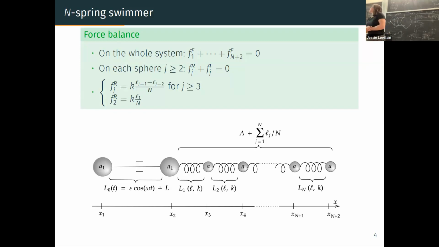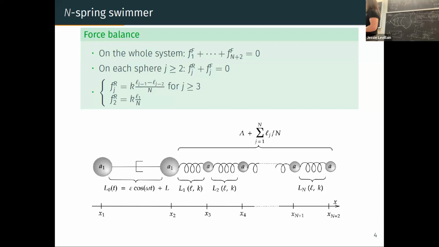What we did next was two force balances: one on the whole system. Again, we have no external forces, so the sum of the fluid forces is equal to 0. And then a force balance on each sphere, so on each sphere, the fluid forces plus the elastic forces are 0.